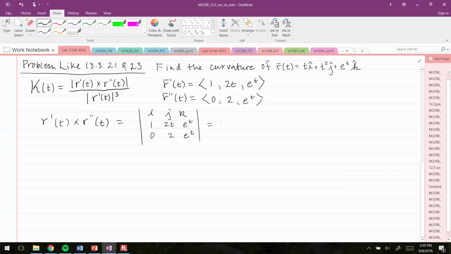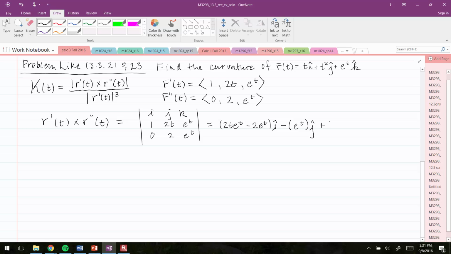Alrighty, so then I'm going to have 2t e to the t, and then minus 2e to the t, times i. Then it's going to be minus, and for the j I'm going to have e to the t minus 0. So that one was not too bad.